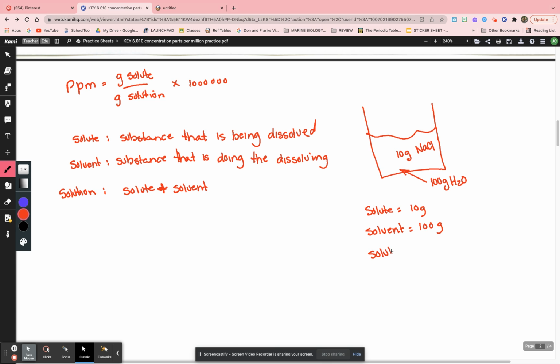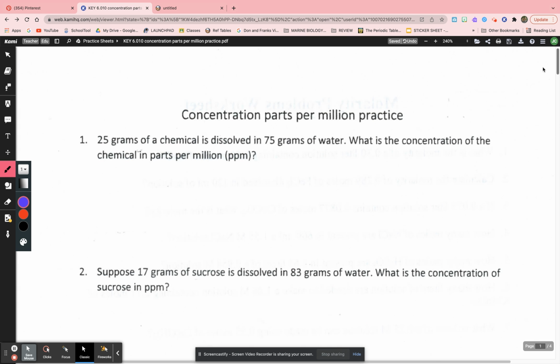And the solution weighs 110 grams, because the solution is equal to the solute plus the solvent. So if you look up here at this formula, the grams of solute would be 10, over the grams of solution, which would be 110. Okay, so now let's try a problem and see if we can make this work.